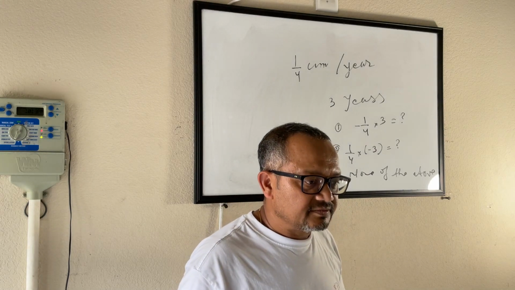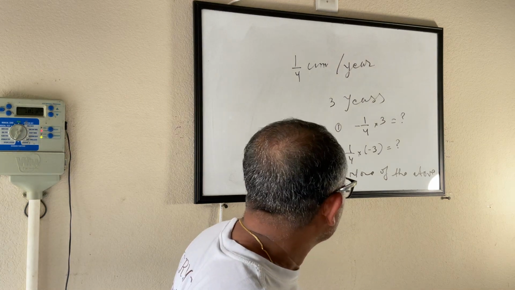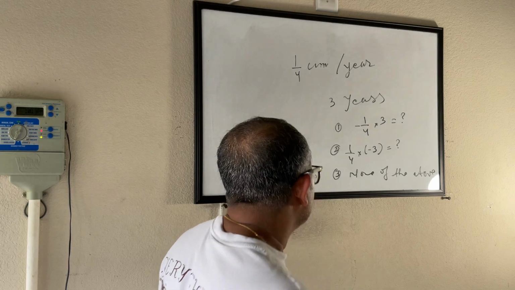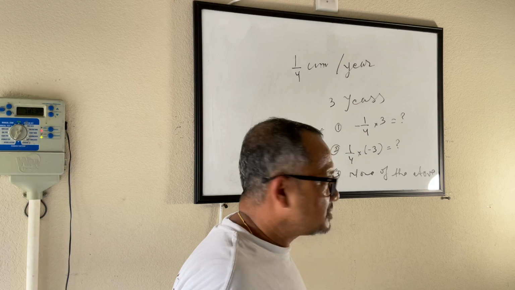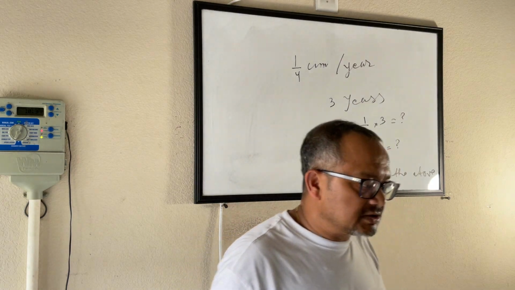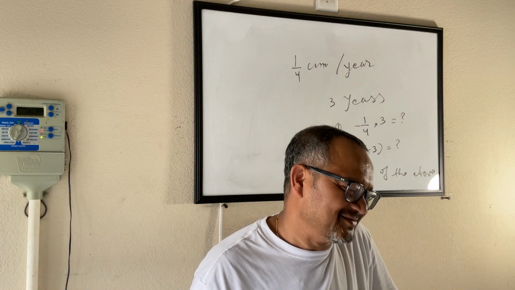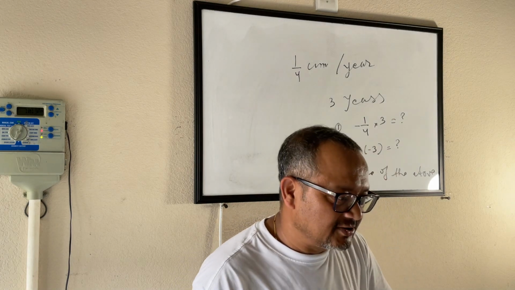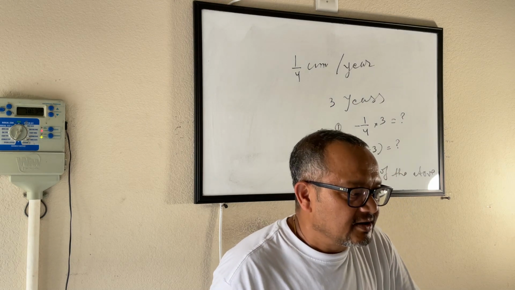Yes, Arav. I choose A or number 1. Okay. How about Dikshita? I choose number 1 too. How about Sandrine and Celine? We both choose number 1. Yes, Vasundhara. A, number 1.